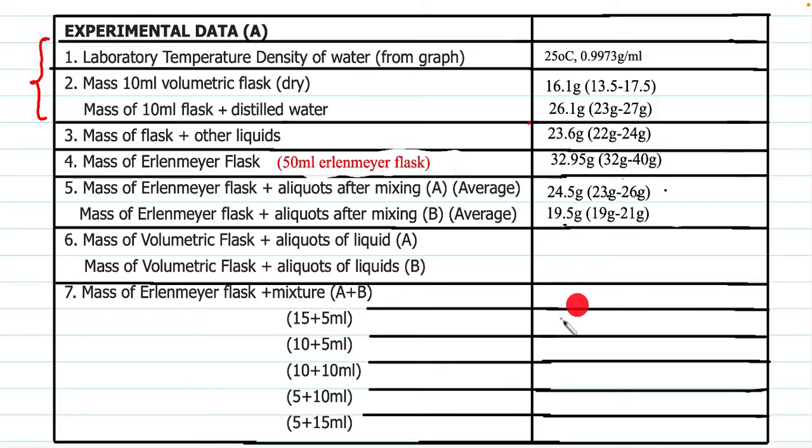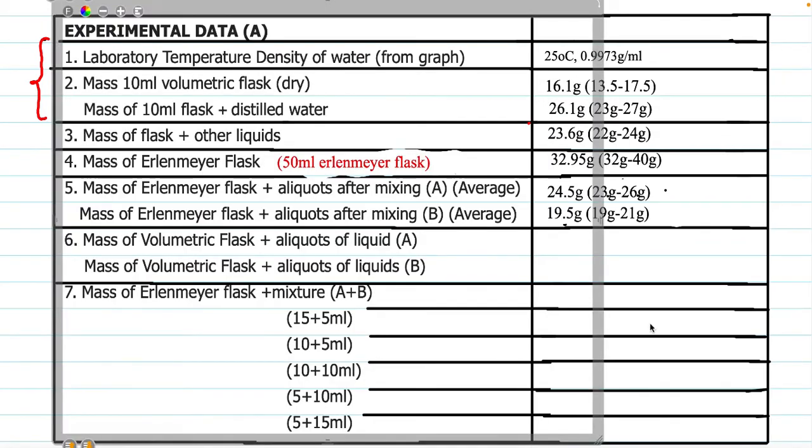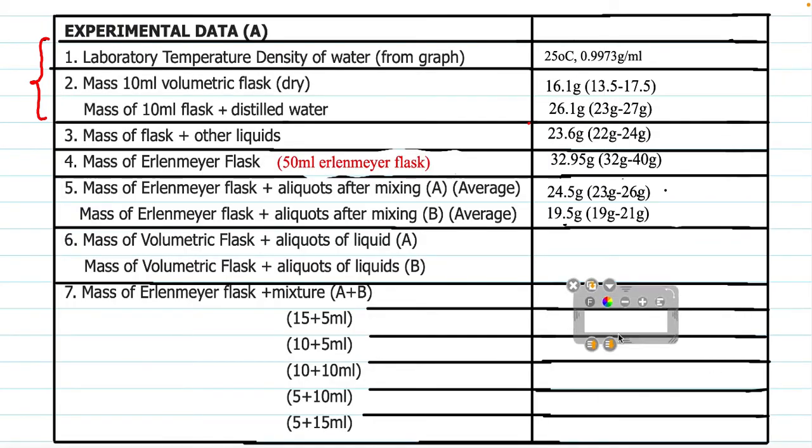Okay, so for this one, the first step says you're going to weigh this particular item, and we're going to do what we did to the previous one. Whatever we have here, we're going to do it the same way we got this.